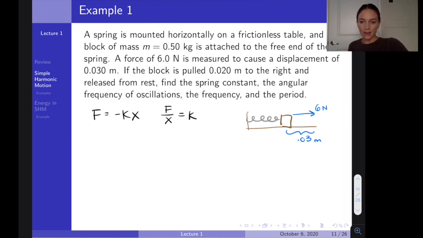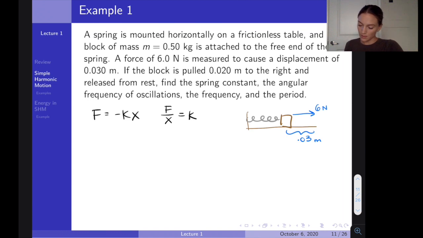Now it may look like I'm ignoring the negative sign, but this equation is the spring force. That means if I pull out this spring by applying 6 newtons, the spring is exerting 6 newtons back. So this negative sign is because the spring has a force in the negative x direction if I'm applying a force of positive 6 newtons, because the forces have to be equal and opposite.